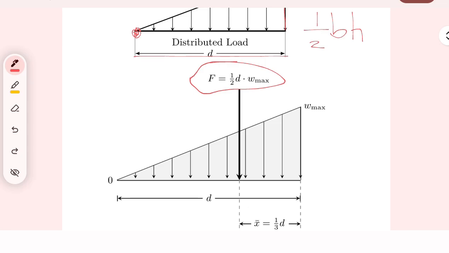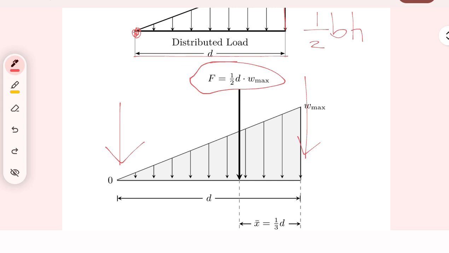The question again is, where will that force be acting on the beam? Which part of the beam should we place that force F? Should we put it at one end, or at the other end?